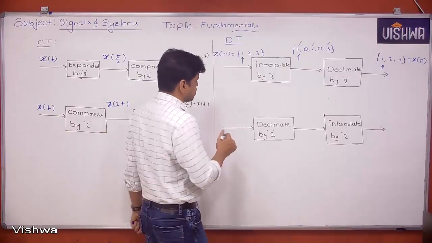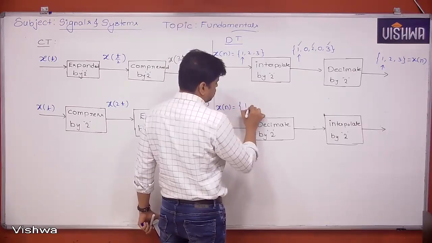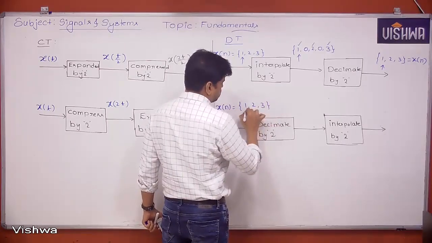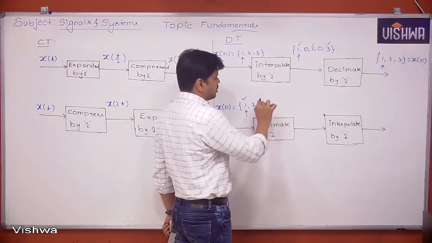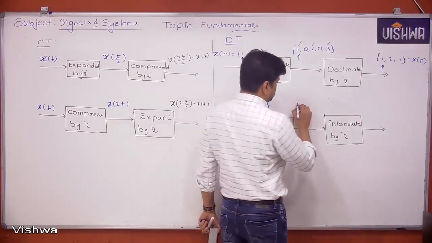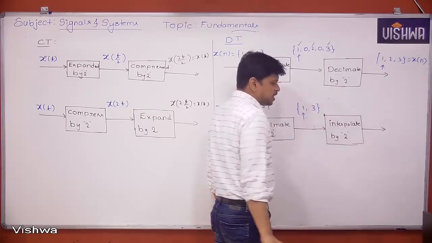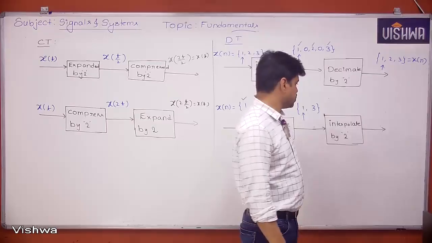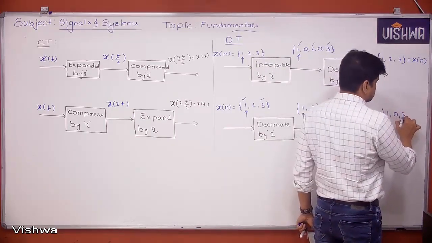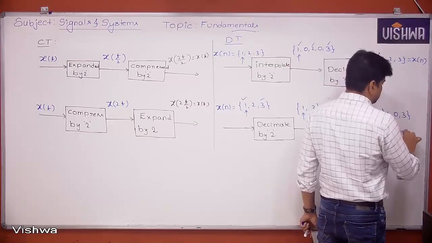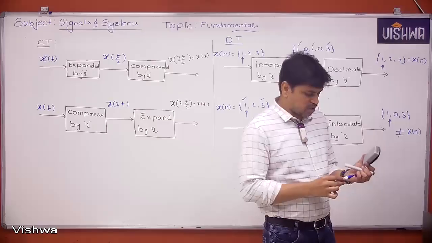X of n is equal to 1, 2, 3. Decimate by 2. That means keep the 0th sample as it is and pick every second sample. So we are going to get 1, 3. Interpolate by 2 means we have to insert one 0 between the samples. So I get 1, 0, 3. Is it x of n? No, it is not equal to x of n.